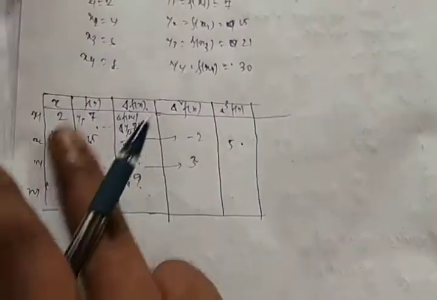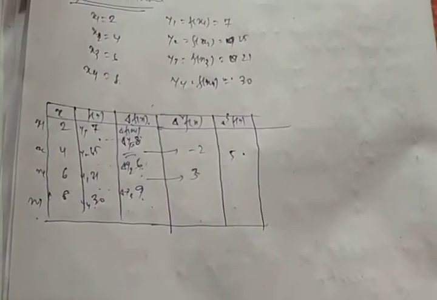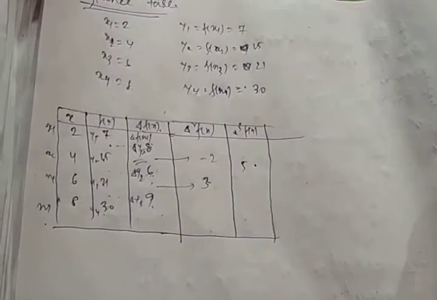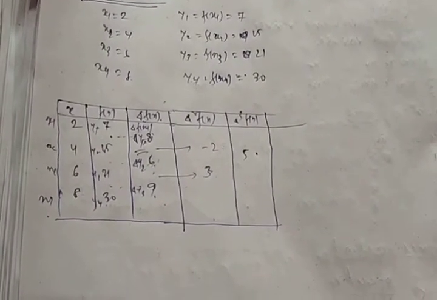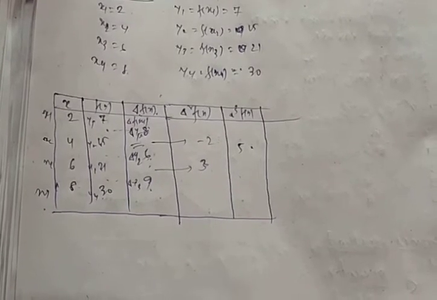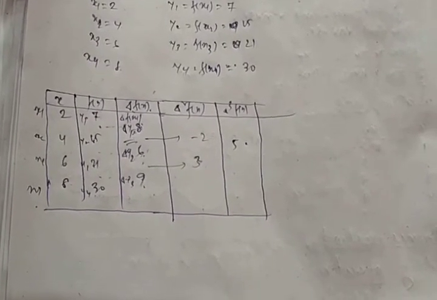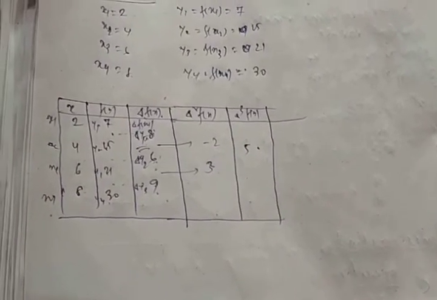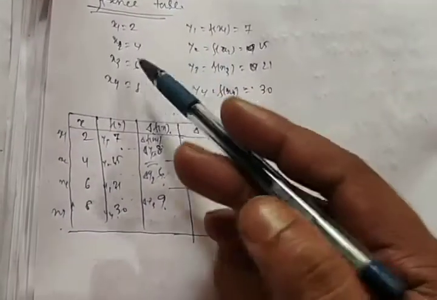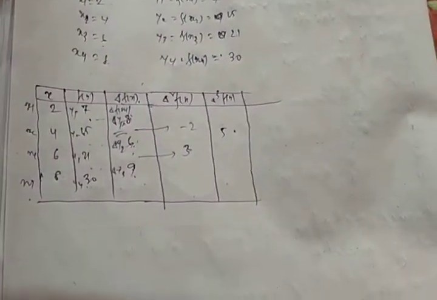In this way we will find the difference table, and these values will be used in the difference method, the interpolation method, to find the values of f x at an unknown entry which lies within the given range of the entries.